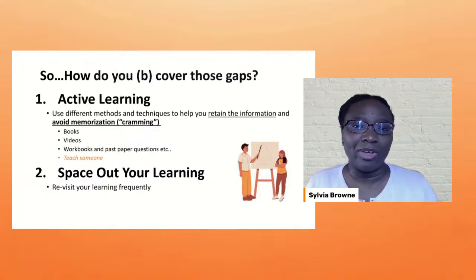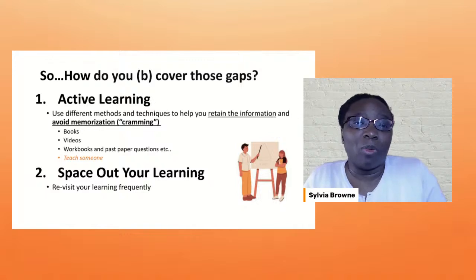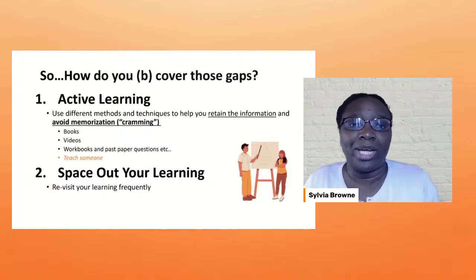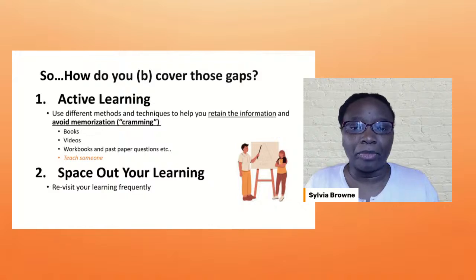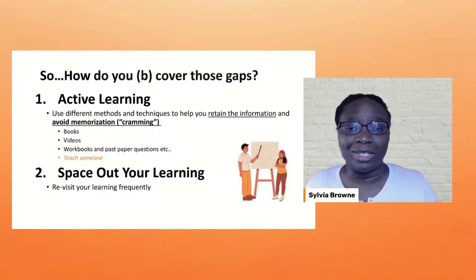So read it, try and understand it, maybe put it away, and then try and say it out aloud to yourself, for instance, right? Something that just requires a bit more activity, a bit more energy. So it's really going to help you retain that information. You can do the same with videos.